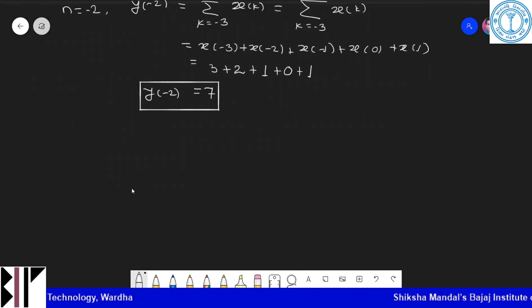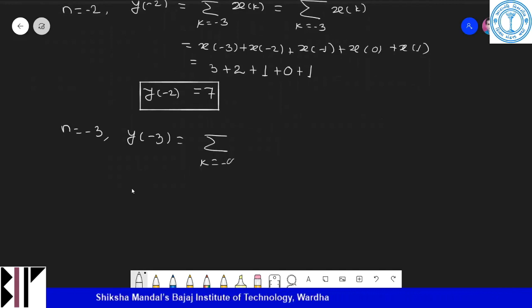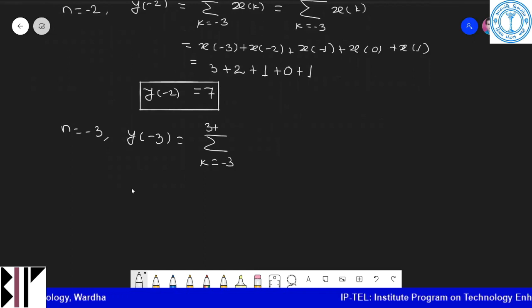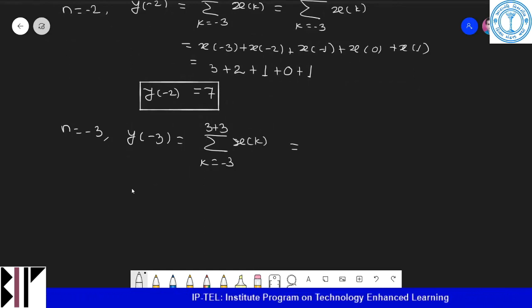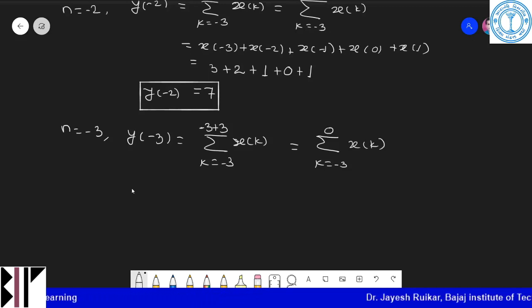Now put n is equal to minus 3. So we are calculating y of minus 3, which is nothing but k goes from minus 3 to minus 3 plus 3 of x of k, which is k is equal to minus 3 to 0 of x of k.